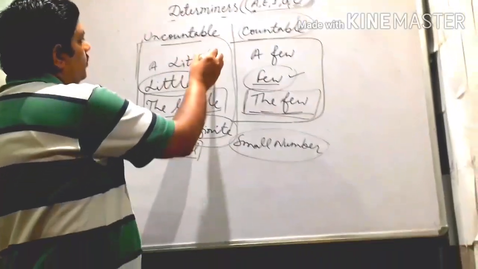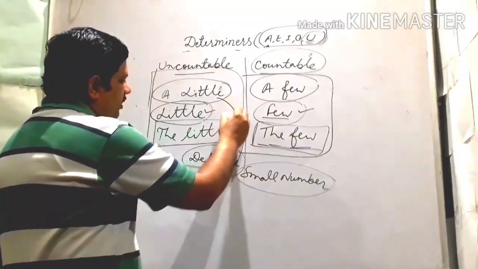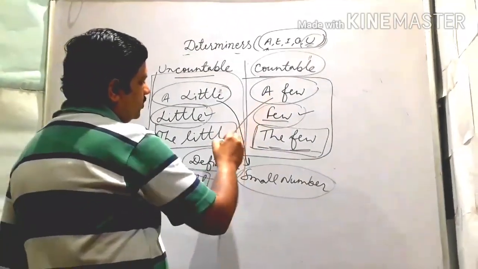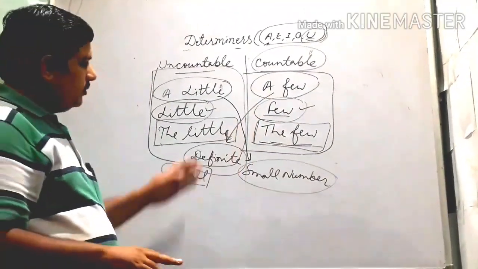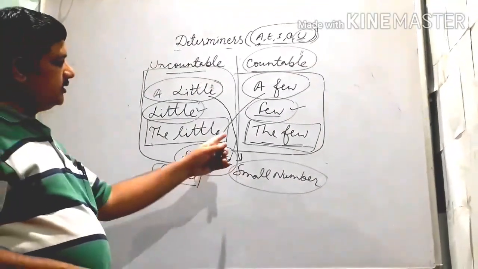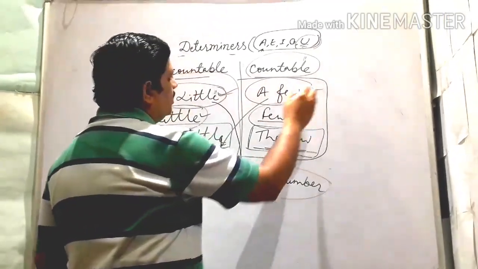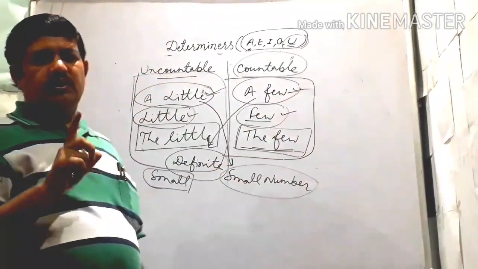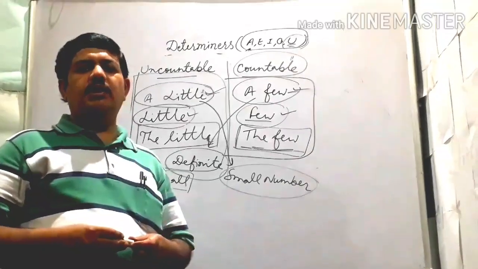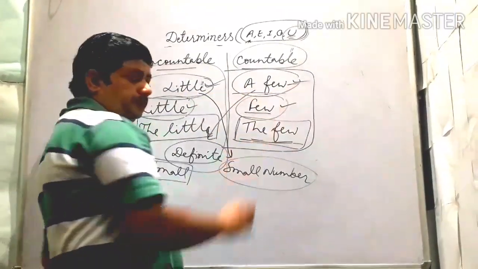Now the thing that is quite confusing, people mix this one, they mix this one. Okay, among these six determiners, these two are the only determiners which are taken as a little bit positive, like a little, a few.